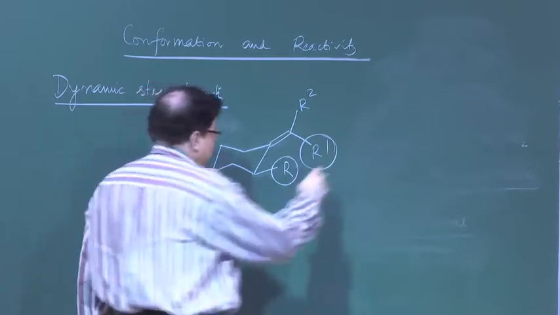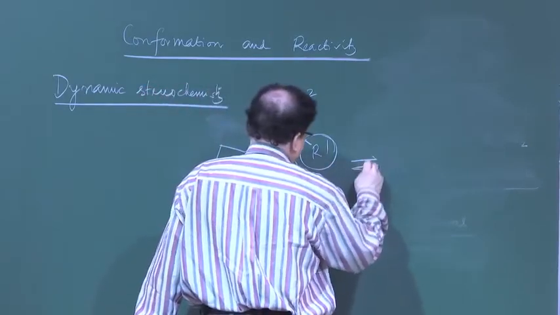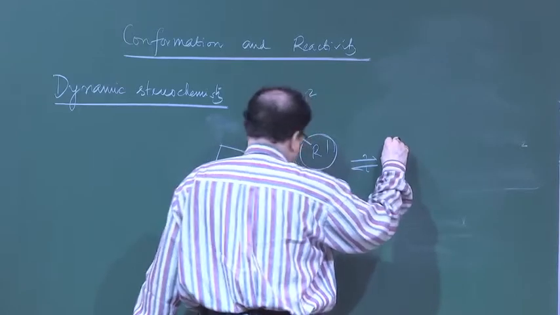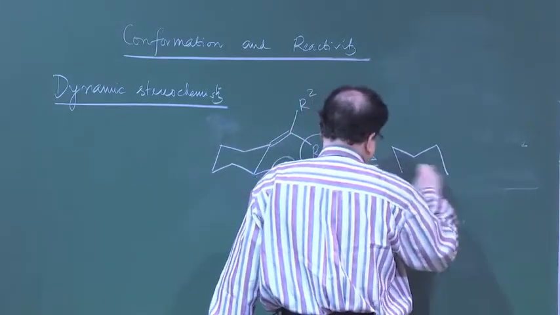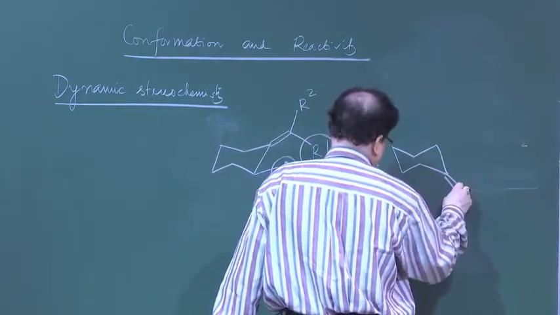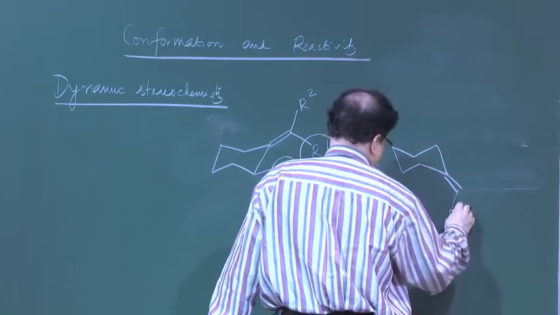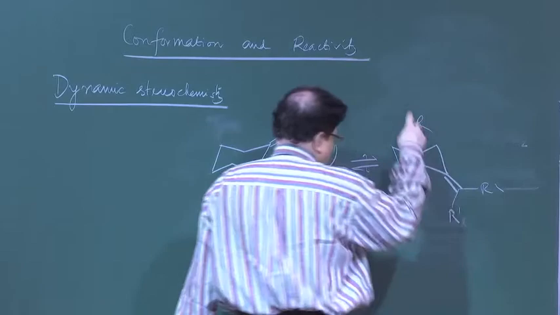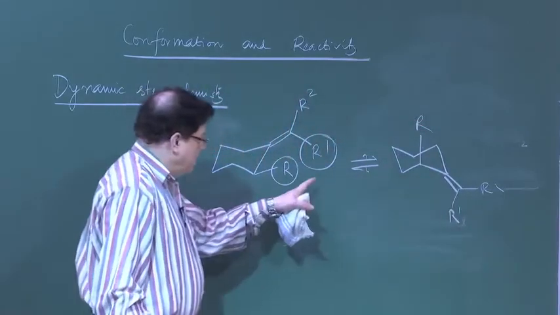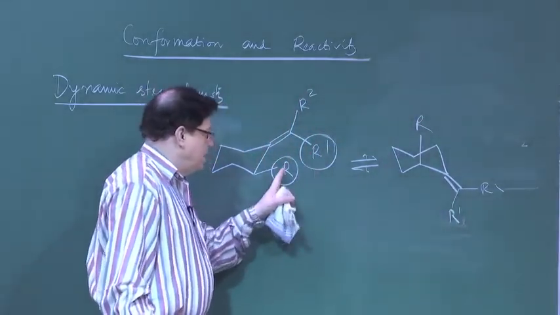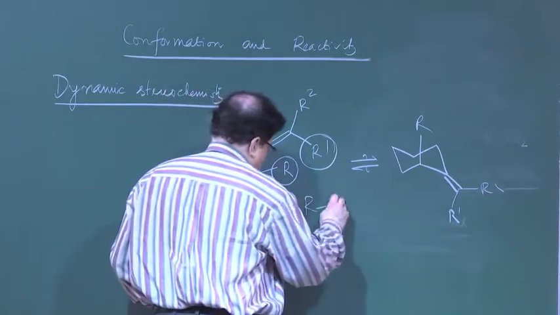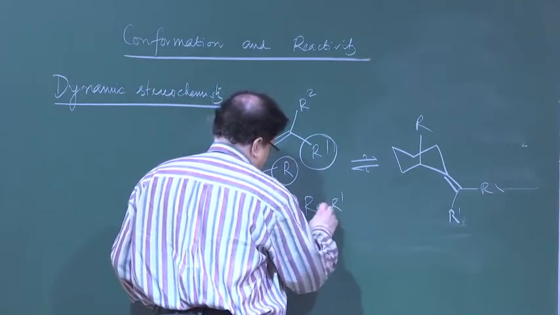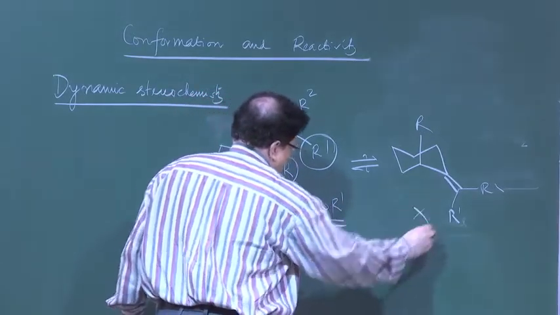As a result this undergoes flipping and you get this R as axial. So, now there is no steric compression between the R1 and R. Okay. So, that is now gone.